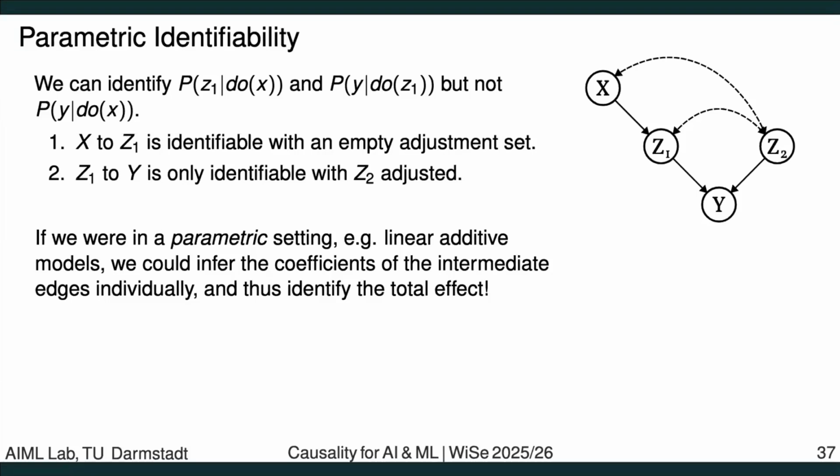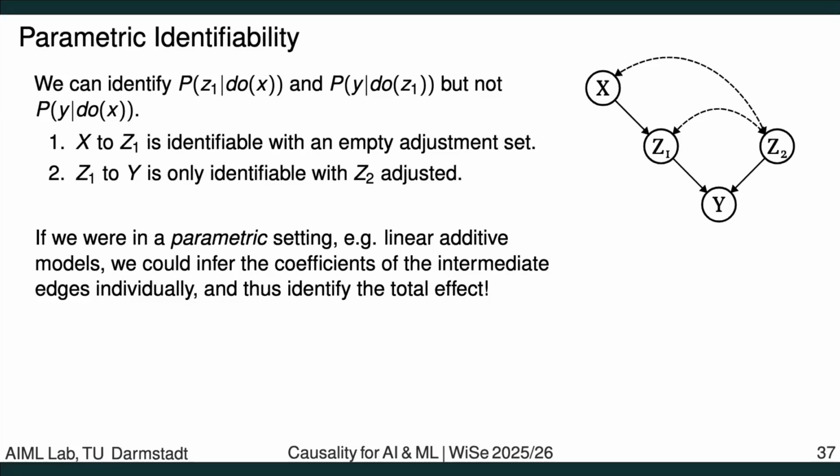Because, and this is also not always true, but here the intuition basically is that for X on Z1, we have an empty adjustment set. For Z1 on Y, we need to adjust for Z2. And the problem now is that if we want to do this joint derivation, we can't find a formula that simultaneously adjusts and does not adjust for Z1.